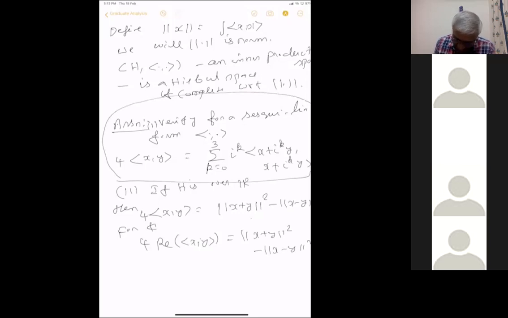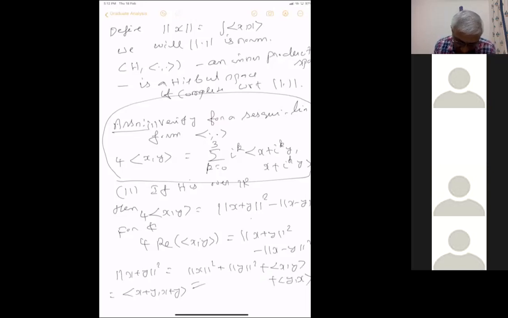This is very easy. You just expand the norm of x plus y squared. You will get norm x squared plus norm y squared plus the inner product of x and y plus the inner product of y and x.